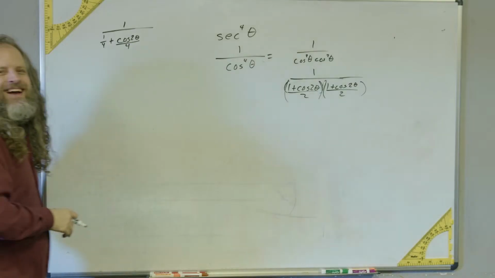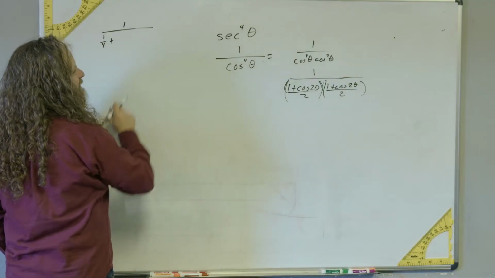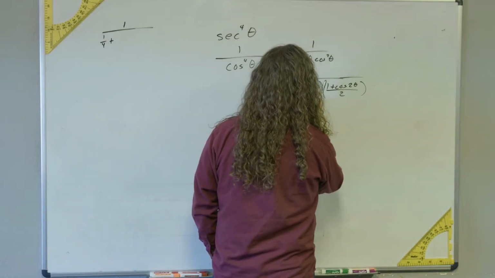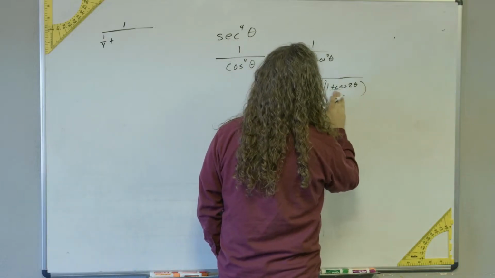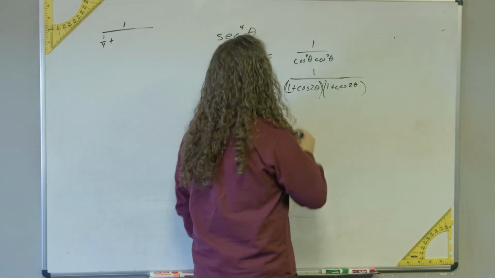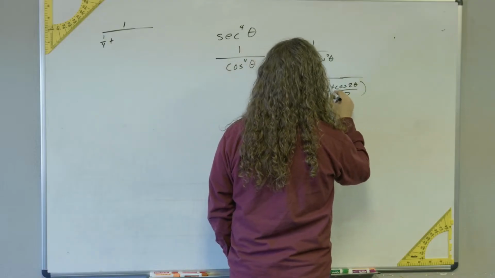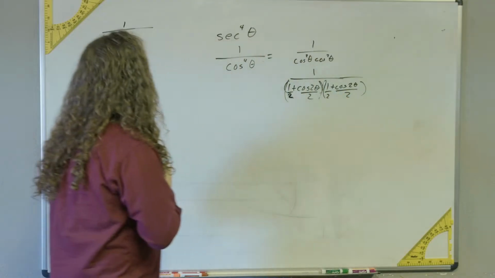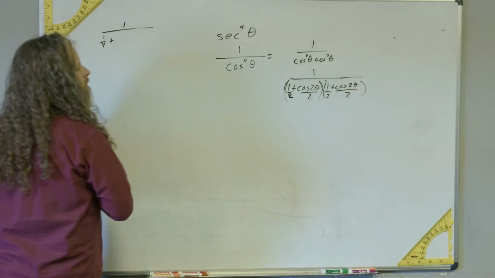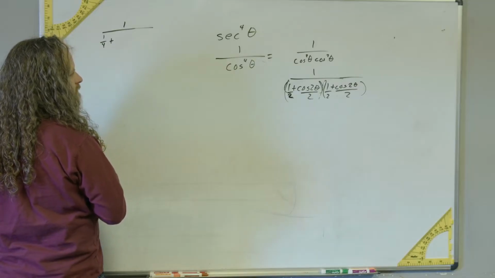Wait, how did we do that again? Let's try that again. We get 2 of those. That was doing too much in my head, and you disappeared an extra 2. It should have been cosine 2 theta over 2.